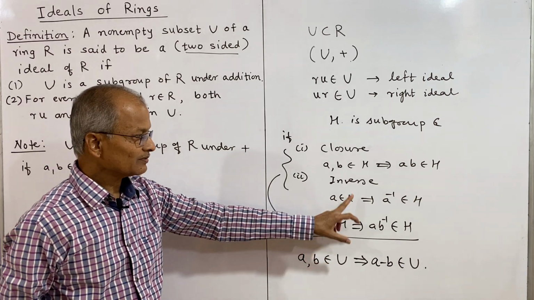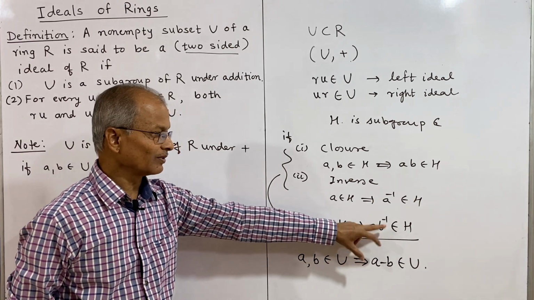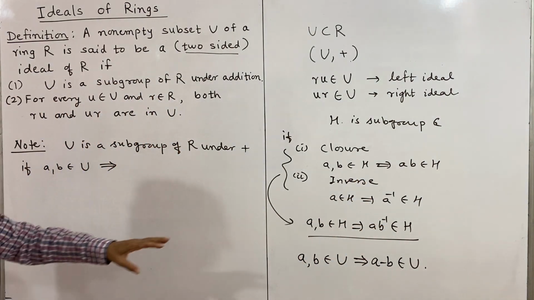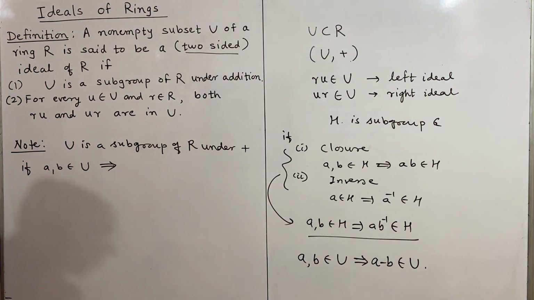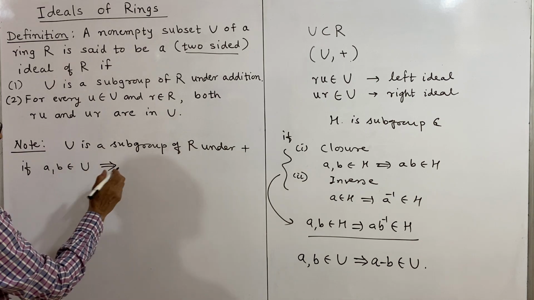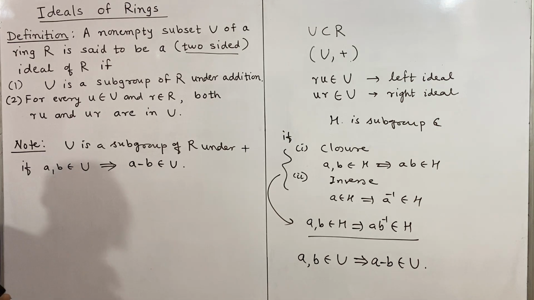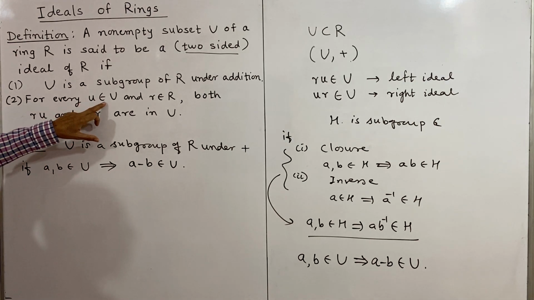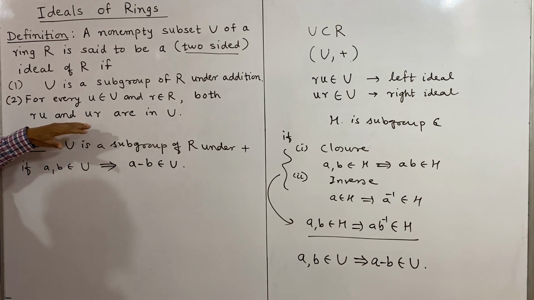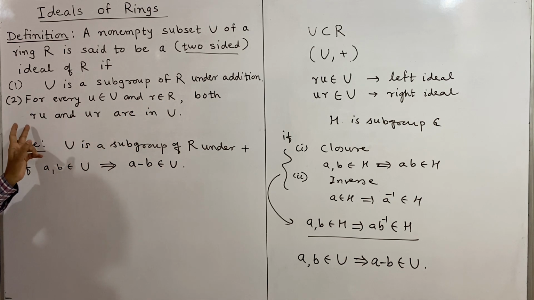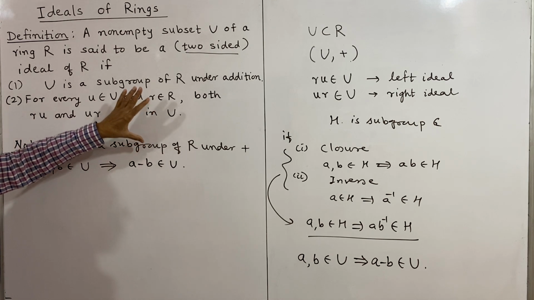This is a result in group theory; you may refer to that lecture. That is the first condition. And the second is direct: u is an element in U, r is an element in ring R, and then both products ru and ur must be in U, then U becomes an ideal.